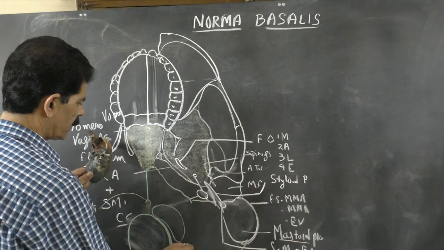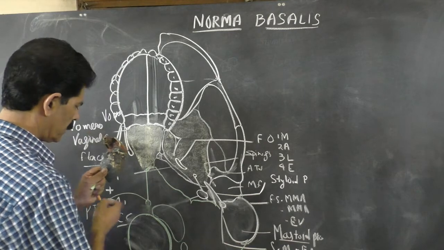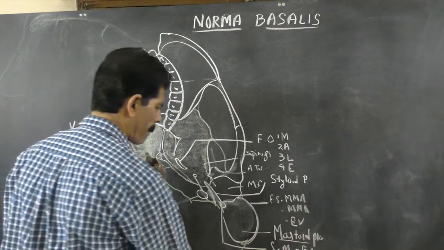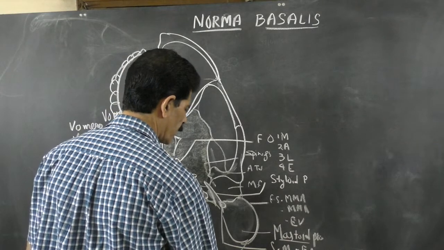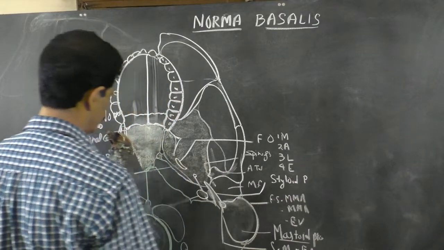Just posterolateral to this articular facet lies a foramen. This is called the hypoglossal canal, through which the last cranial nerve, the hypoglossal nerve, becomes extracranial.